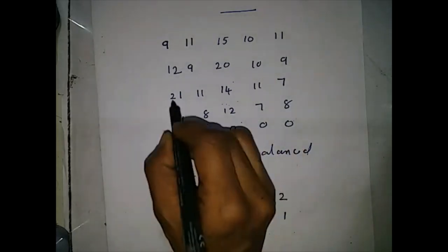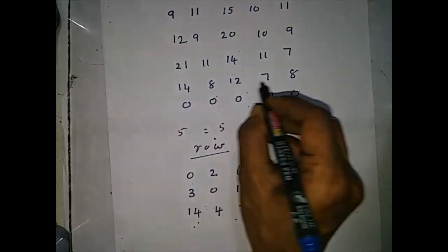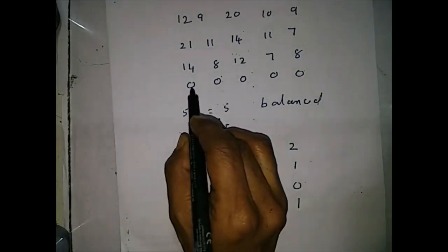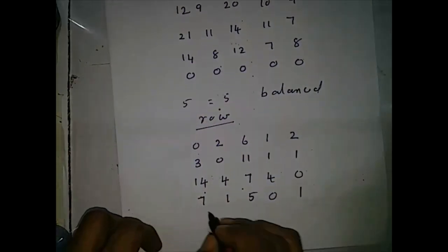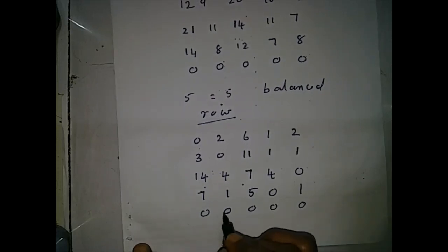Subtract 7 from each element. Fourth row minimum is 7. Subtract 7 from each element. Last row is the dummy row. Row wise minimization over. Now no need of column wise minimization because every column minimum is 0.